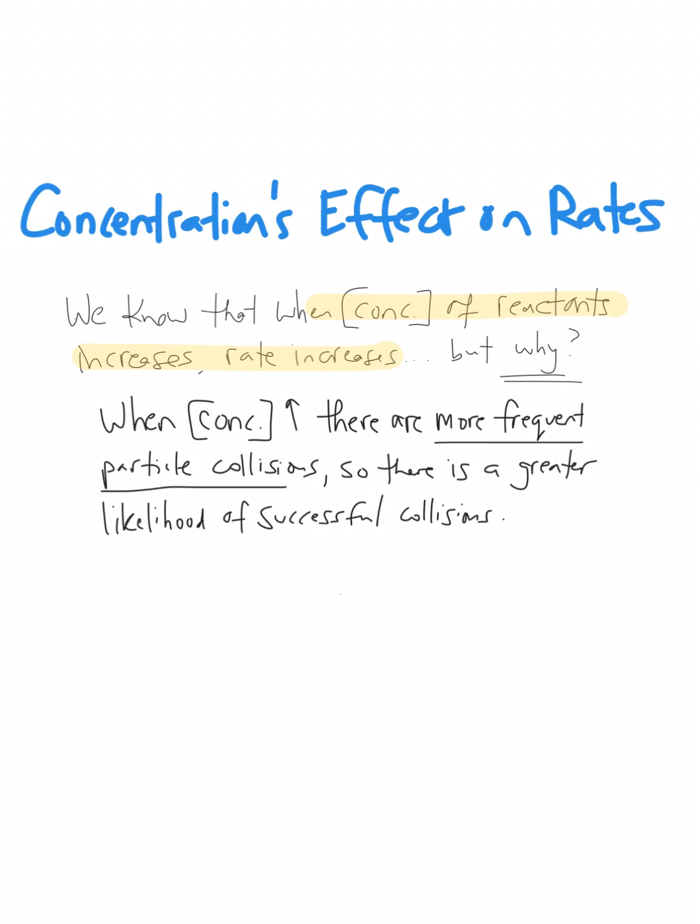It's because if we have an increased concentration of reactants, there's going to be more frequent particle collisions between the reactants. When you have more particles in the same unit volume, they're going to hit each other more frequently, and so therefore there's also a greater likelihood of successful collisions. In other words, when you have a net gain in the number of collisions, there's a greater likelihood that some of those collisions will be of adequate kinetic energy and hitting at an adequate angle to make a successful collision.